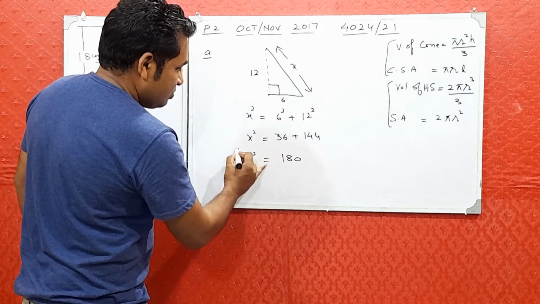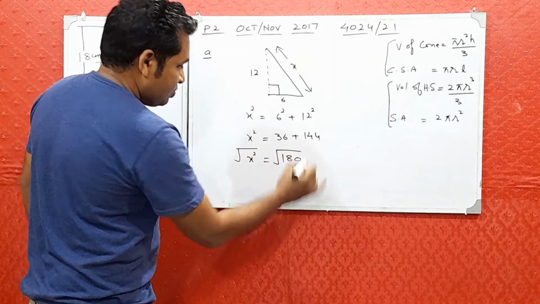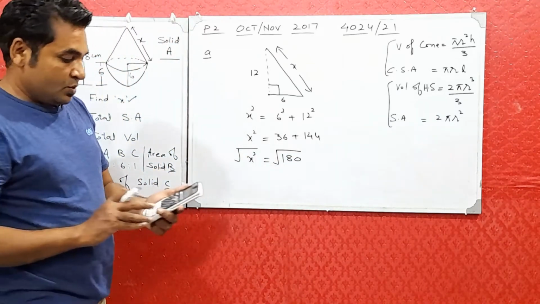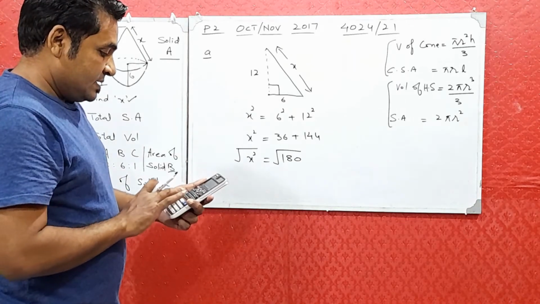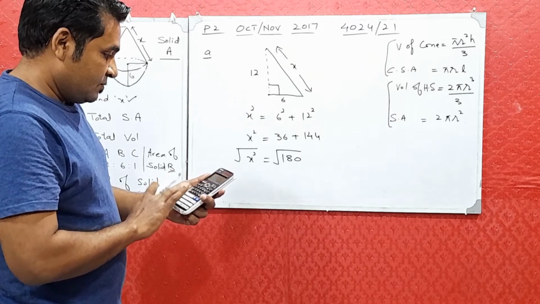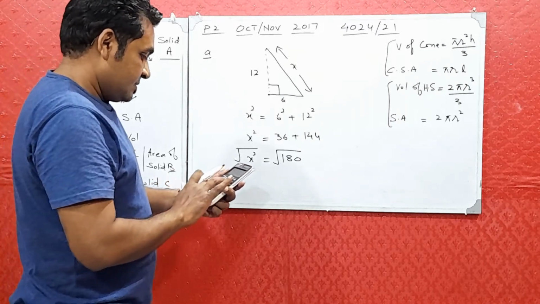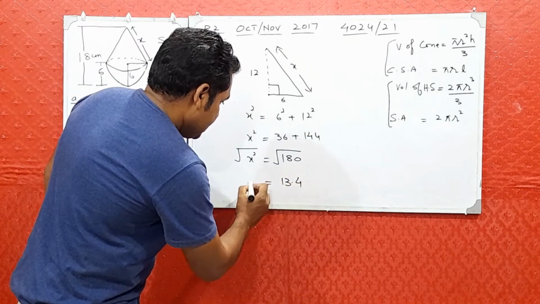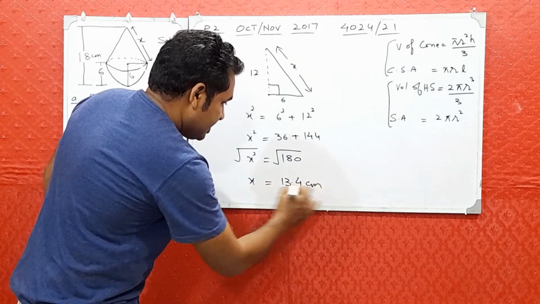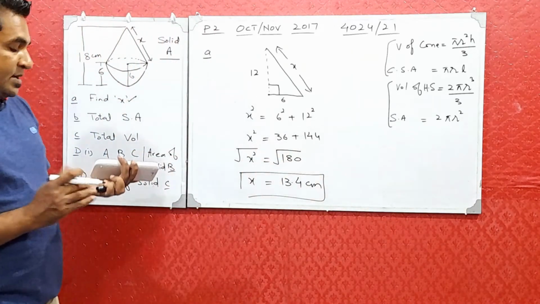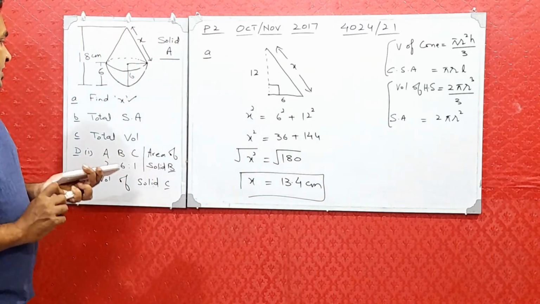Now we take the square root on both sides, and using a calculator, the square root of 180 is 13.4. So the value of x is 13.4 centimeters.